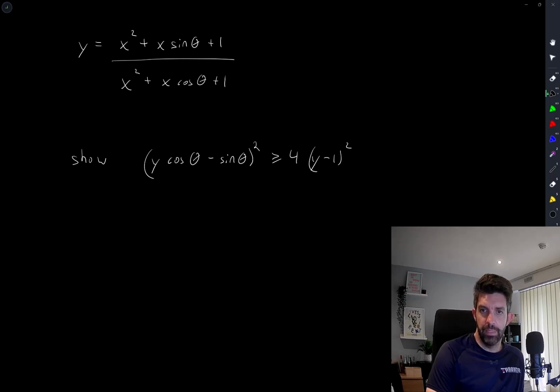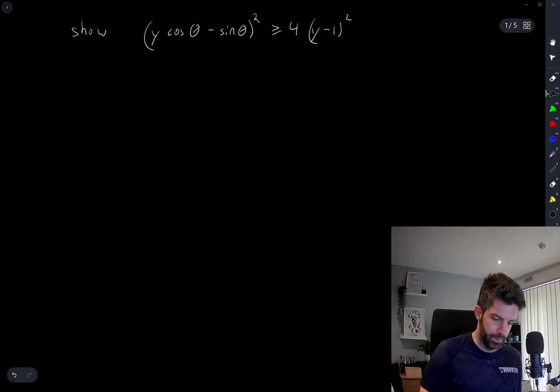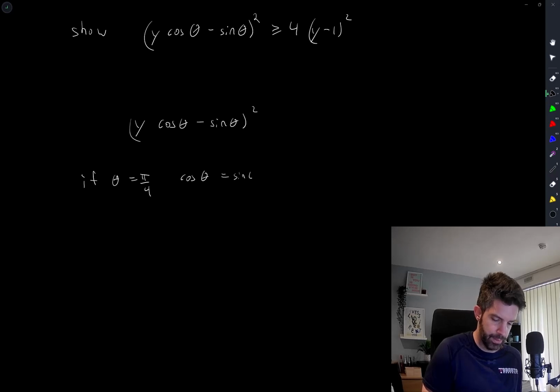I guess if we let theta be equal to pi over 4. Okay. Y cosine theta minus sine theta squared. If theta is equal to pi over 4, then cosine theta is equal to sine theta is equal to 1 over root 2.